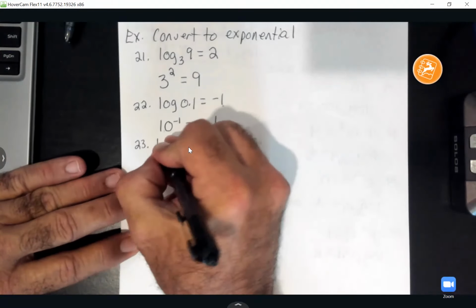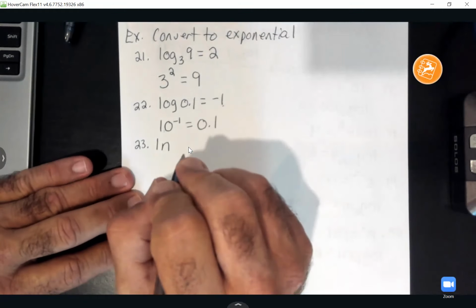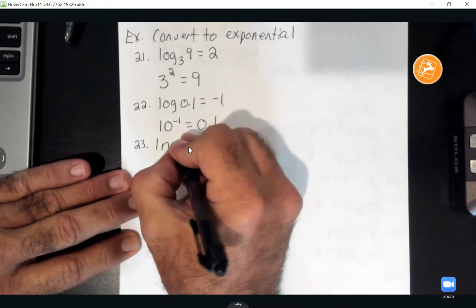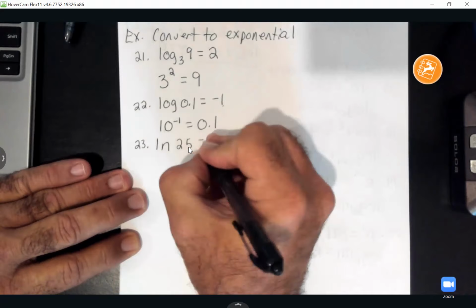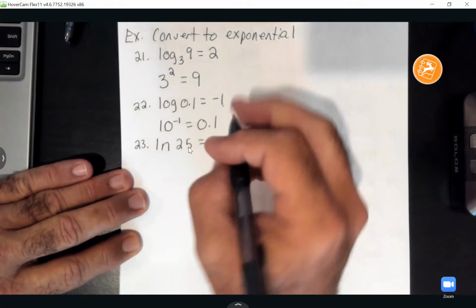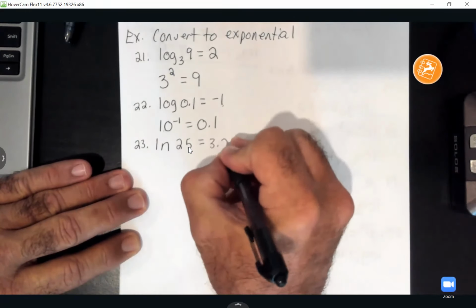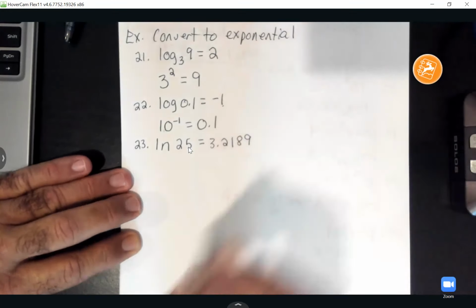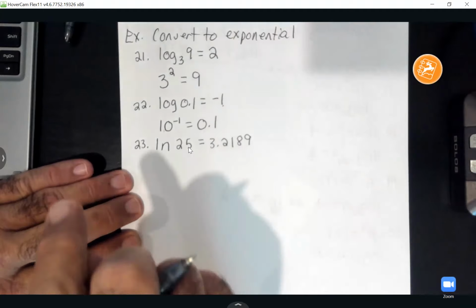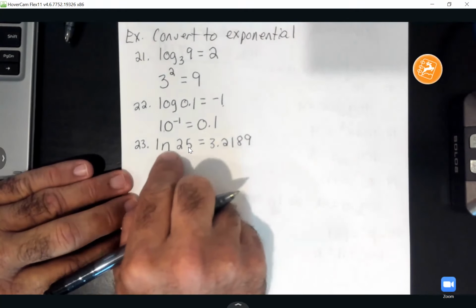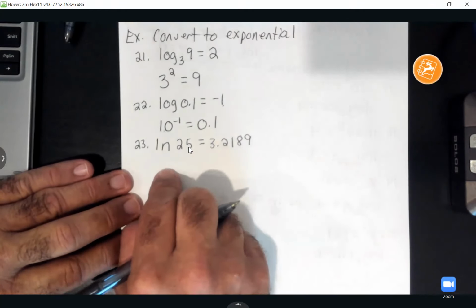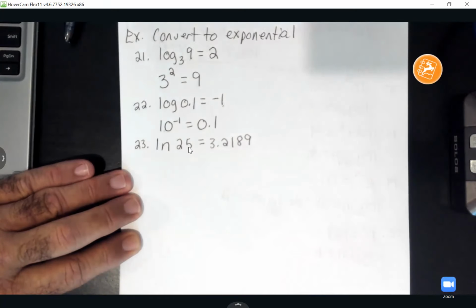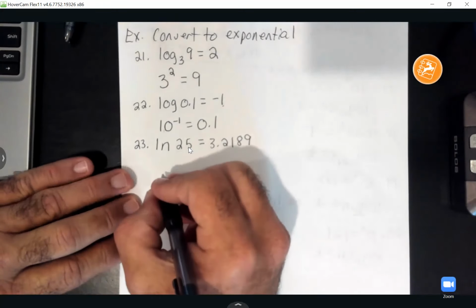All right, here's another one. ln of 25 equals 3.2189. So no base shown on this ln. So what is my base? 10.